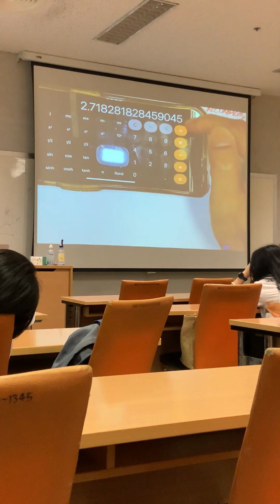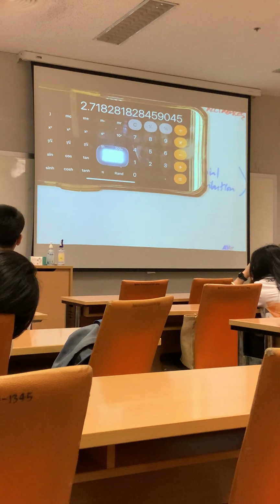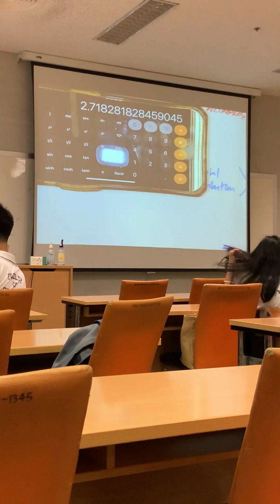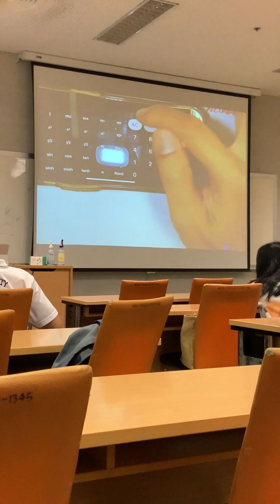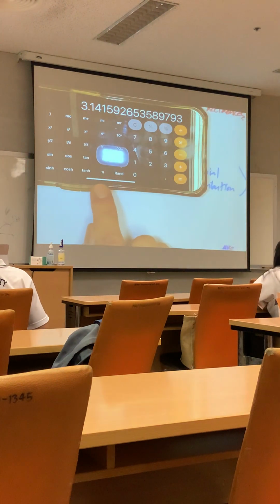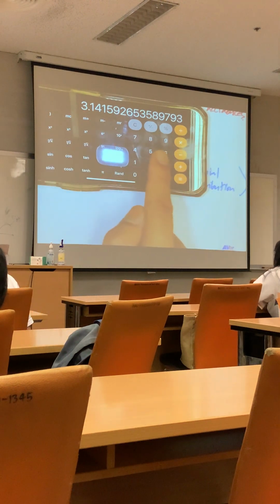Same as pi, right? Pi, remember, 3.1415, whatever. Let me put a pi here. Yes, I have a pi here and I have this number. Is that a real value of pi or an approximation? Approximation. Why?